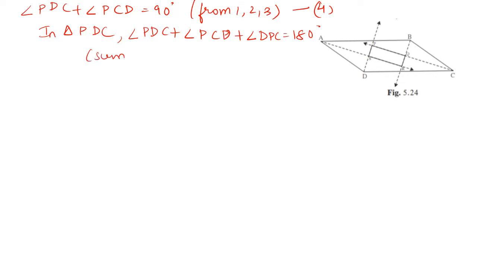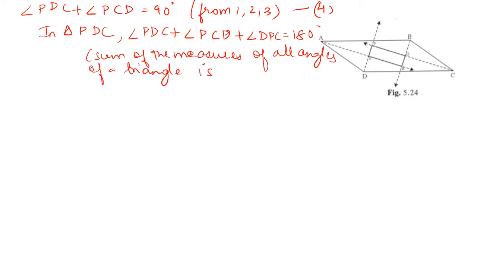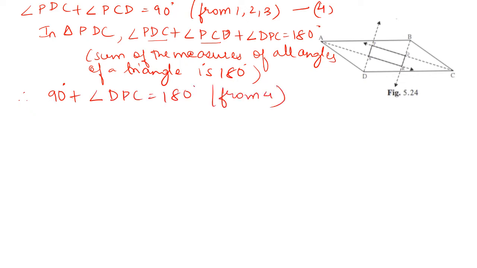The reason is the sum of the measures of all angles of a triangle is 180 degrees. Therefore, instead of writing PDC plus PCD, I will write it directly as 90 degrees plus angle DPC is equal to 180 degrees, which is from 4. Therefore, angle DPC is equal to 180 degrees minus 90 degrees. Therefore, your angle DPC is equal to 90 degrees.